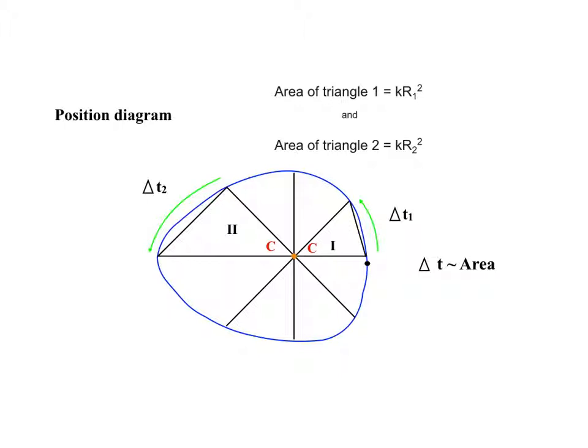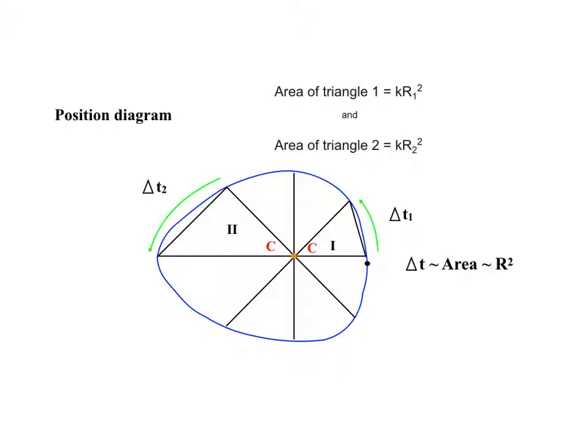This is in accordance with Kepler's law. I leave it to you to convince yourself that the statement, the planet sweeps out equal areas in equal times, is equivalent to saying that delta T is proportional to the area swept out.